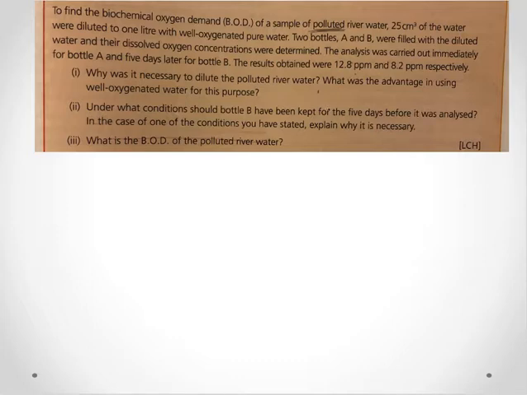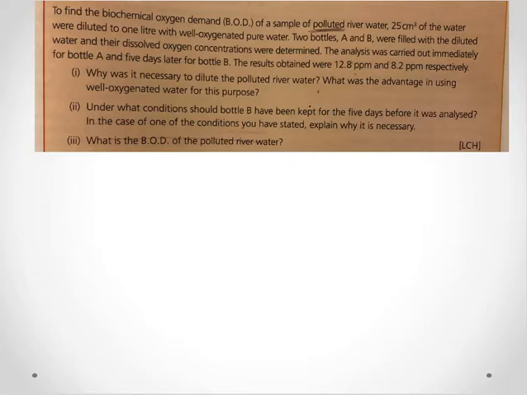And then if you wanted to focus in on the 20 degrees Celsius, that is because the solubility of oxygen in water is affected by temperature, and the rate at which the oxygen is actually used up by biological processes in the 5 days is also affected by temperature.